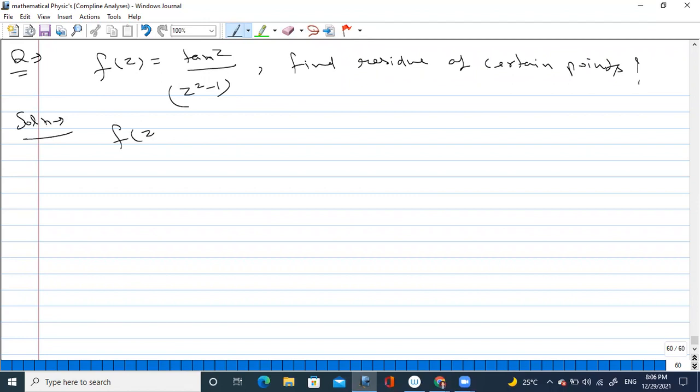So again, because tan z I cannot solve, I have to convert tan z in terms of sin z divided by cos z. And this z square minus 1, I can write z minus 1 into z plus 1. So from here, if I put denominator equal to 0, I will get different poles.